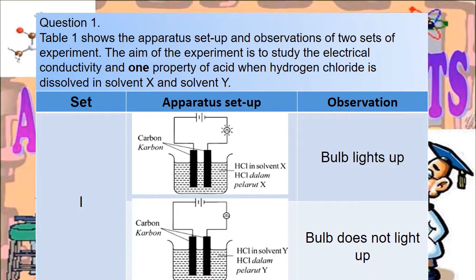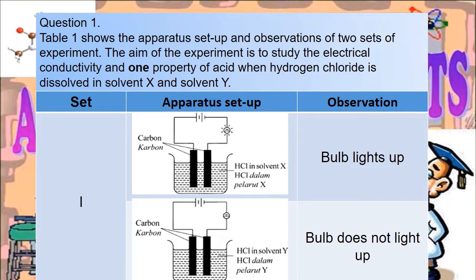Question 1. Table 1 shows the apparatus setup and observations of two sets of experiments. The aim of the experiment is to study the electrical conductivity and one property of acid when hydrogen chloride is dissolved in solvent X and solvent Y. For set 1, in picture 1, hydrogen chloride in solvent X. The observation is the bulb lights up.